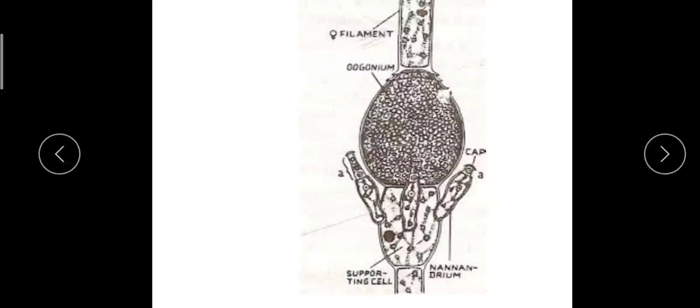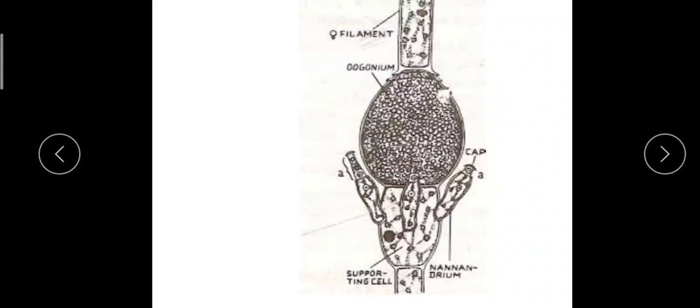So simple. To brief, there are actually two major groups of Oedogonium based on the distribution of sex organs, nanandrous and macrandrous. Macrandrous species may be dioecious or monoecious, while nanandrous species are always dioecious.